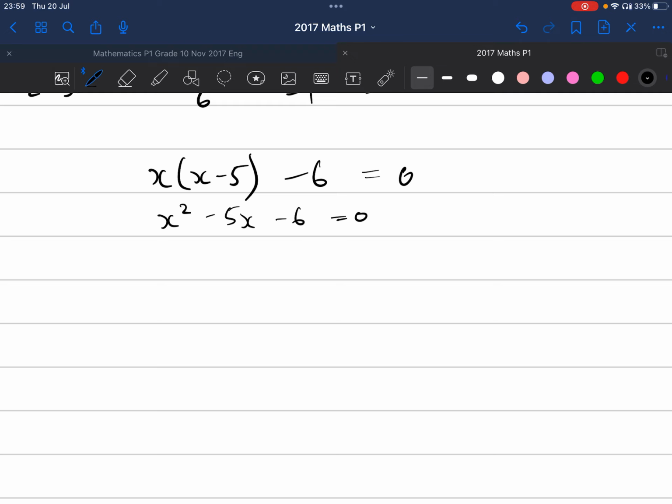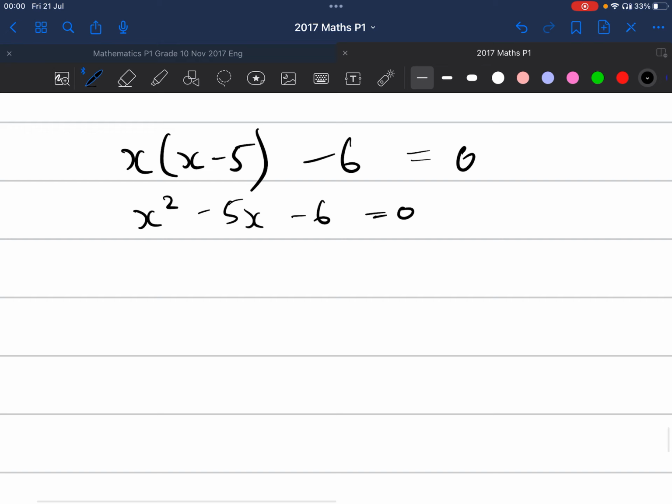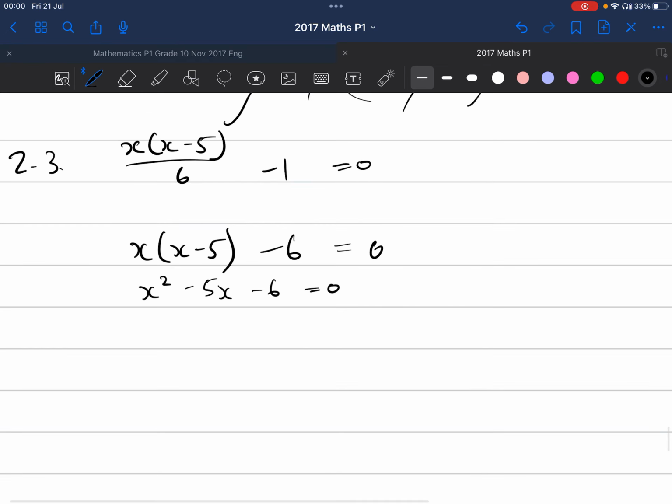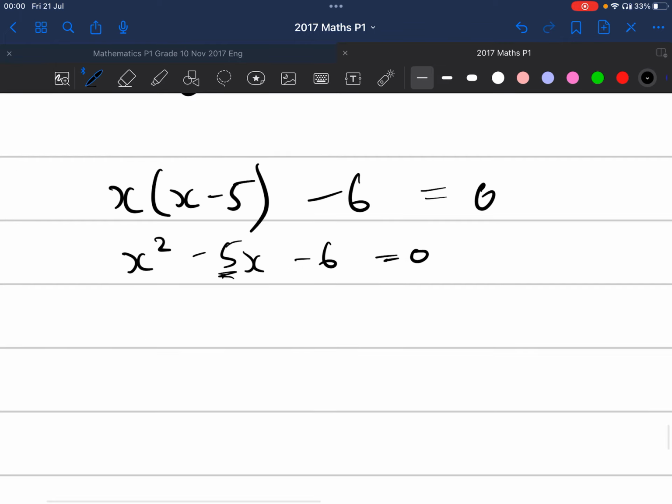The best way to do that is to find two factors of 6, in this case it's going to be minus 6, that when you multiply them you get that, and when you add them you get the middle term.